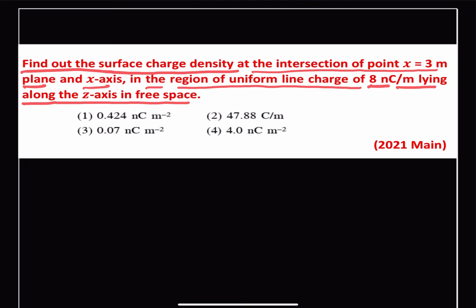So we are given that we are having a line charge lying along z-axis, and we have to find out the surface charge density at the intersection of point x equal to 3 meter and our x-axis.